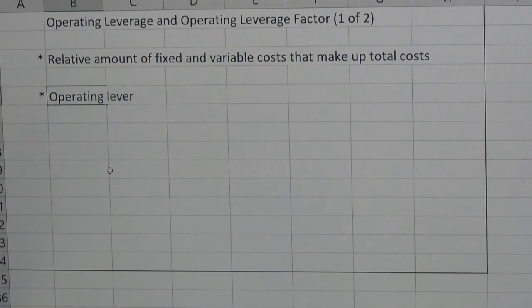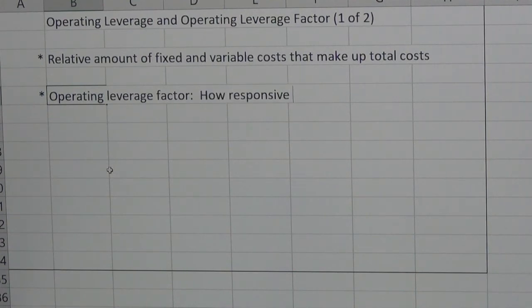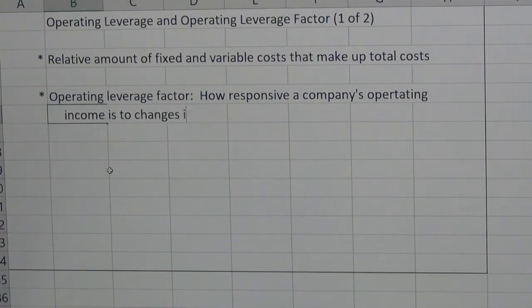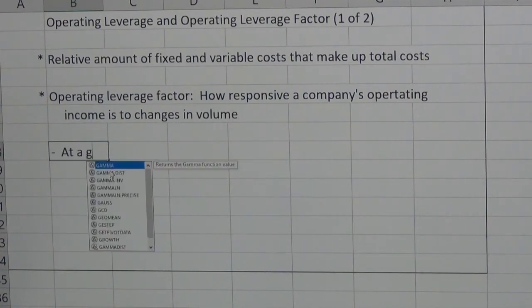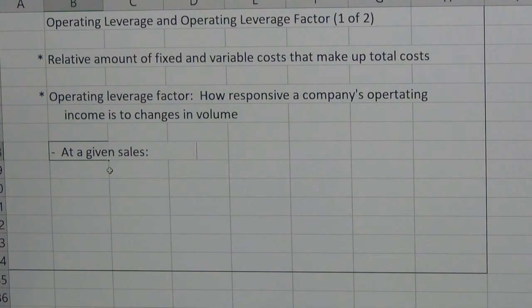So the operating leverage factor would be how responsive a company's operating income is to changes in volume. At a given sales, the contribution margin divided by operating income.